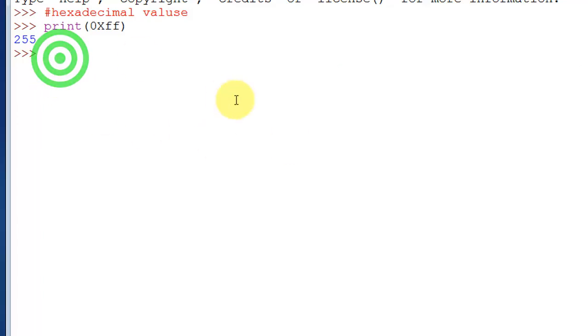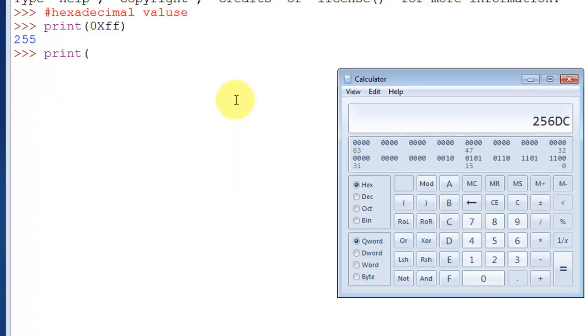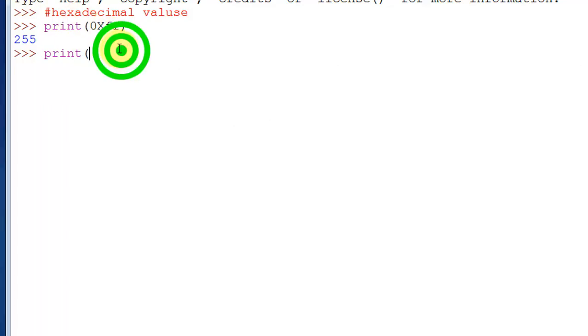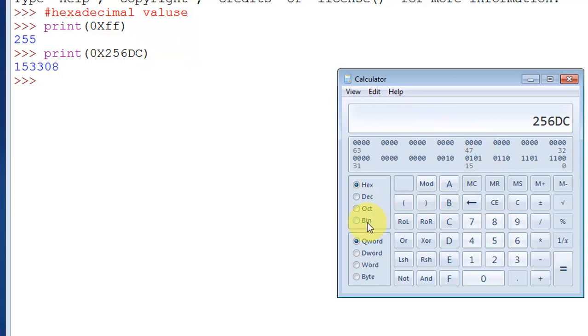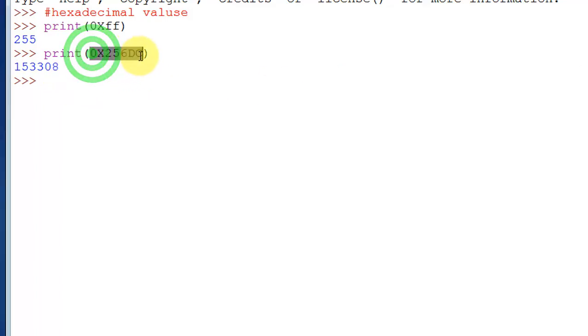I'm going to print this one. Let's say print 0x 256 DC. Let us see what the output is. And in the calculator also, if you try it in decimal, you can get the exact value. So in this way you can write a hexadecimal value or an integer.